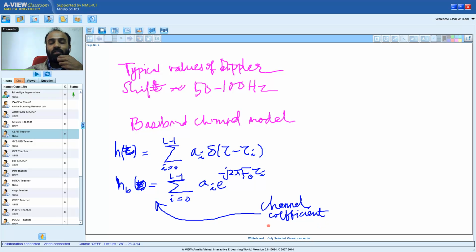What we said is that the wireless channel is a sum of different multipath components, each coming with a different attenuation a_i and different delay. So this is the attenuation, this is the delay, and in the baseband equivalent channel model, the delay basically turns into a phase factor.